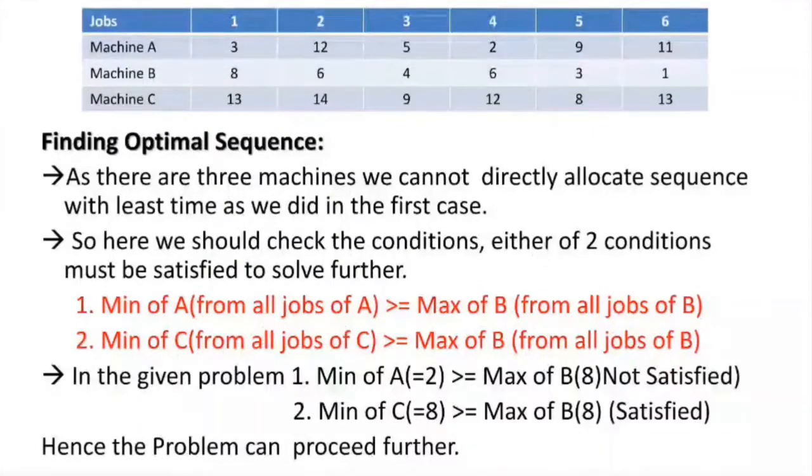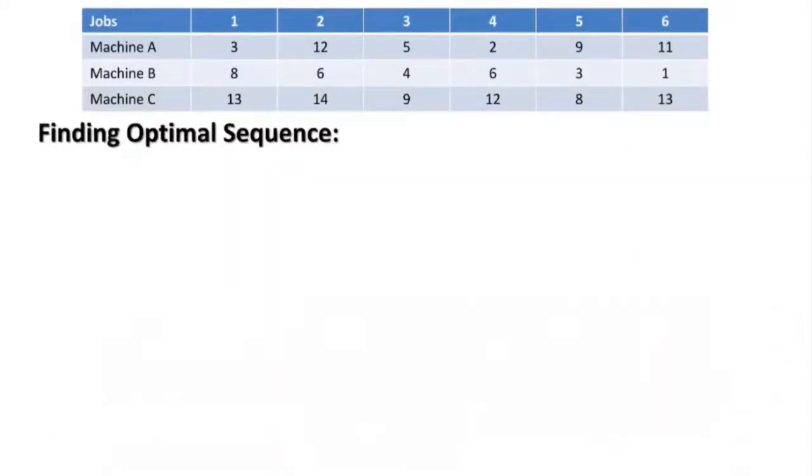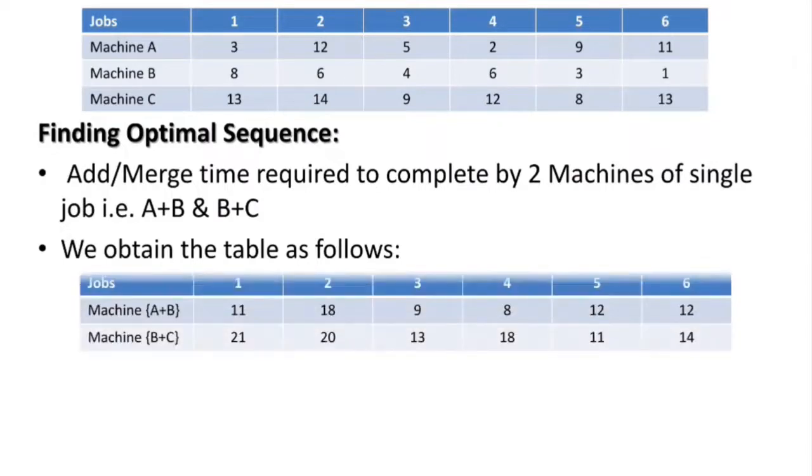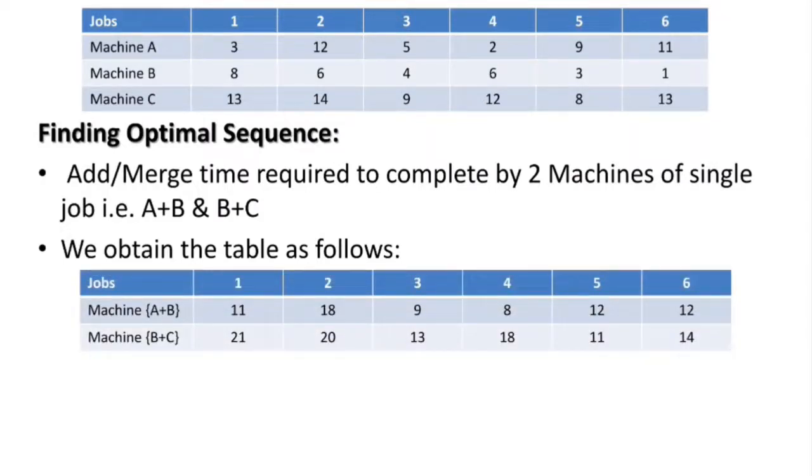Once the criteria has been satisfied, then for finding an optimal sequence, we need to add or merge the time required to complete by 2 machines of a single job, that is A plus B and B plus C. Going further by calculating the table values, we get as shown here, that is by adding the times of machine A and B, and B plus C. So we get those values.